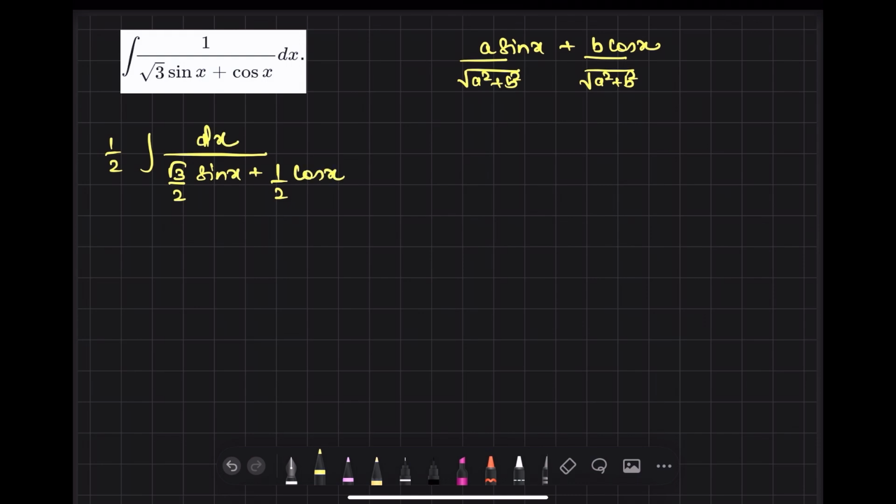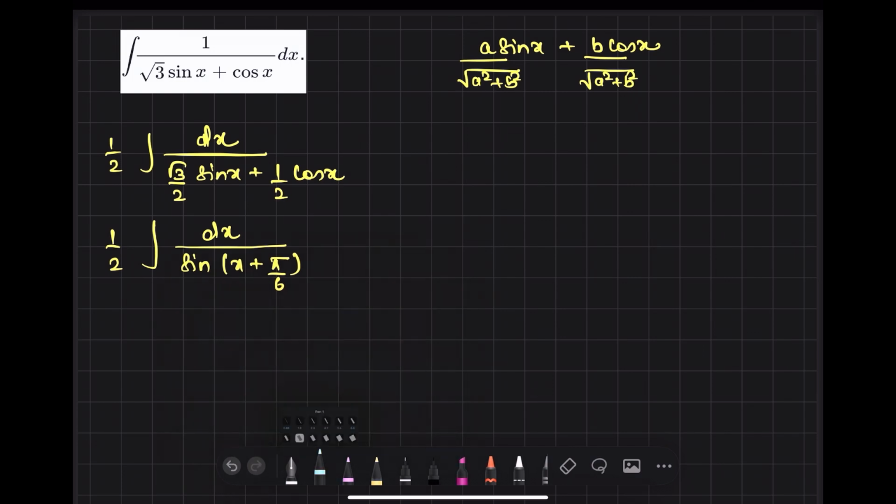Now from here you can create two questions. The question number 1 will look like the integral of dx by sin(x + π/3), using sin a cos b + cos a sin b.